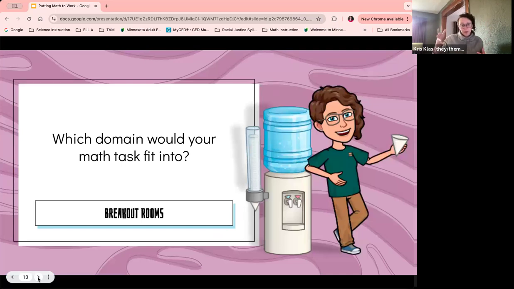So here's an opportunity again for you to go into your breakout rooms and think with the other people in your group. It'll be the same people you talked to the first time. What domains do your math tasks fit into? And Astrid put those domains into the chat.